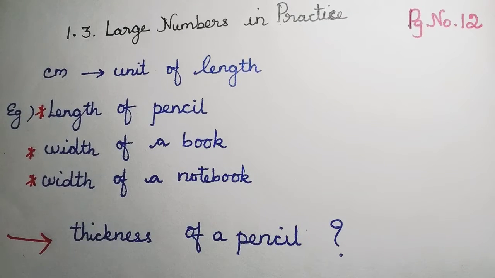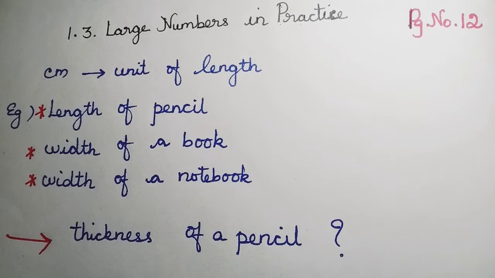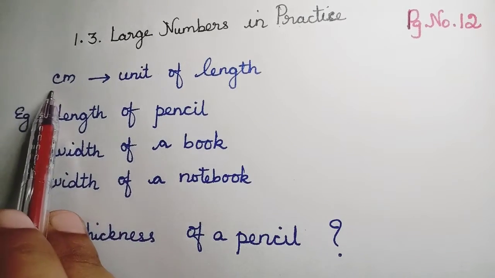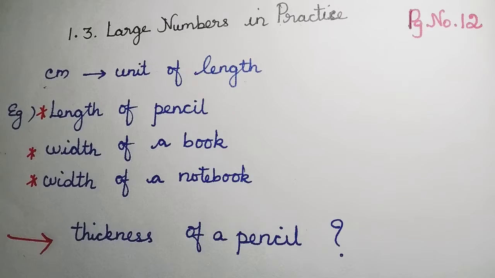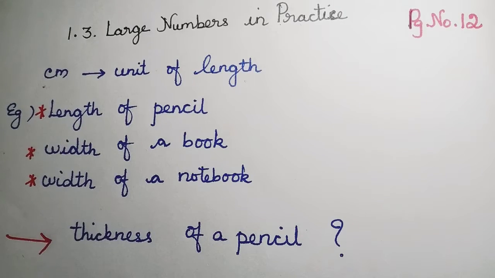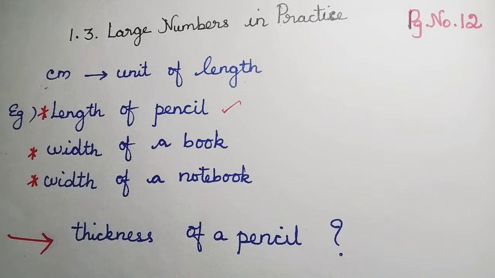So you already know what is the unit of length or some distance. How will you mention it? It is in centimeters. So this centimeter is the unit of length, you all already know. In the same way you can measure the length of a pencil, right?